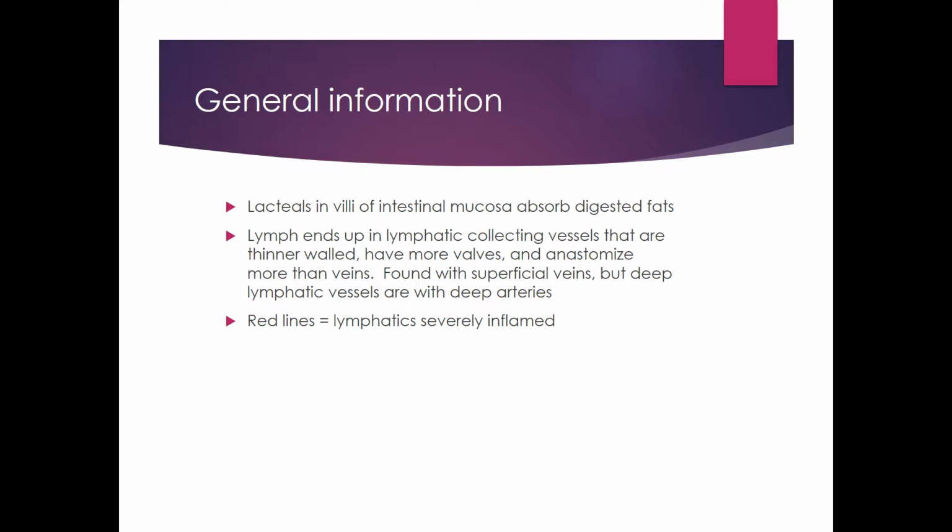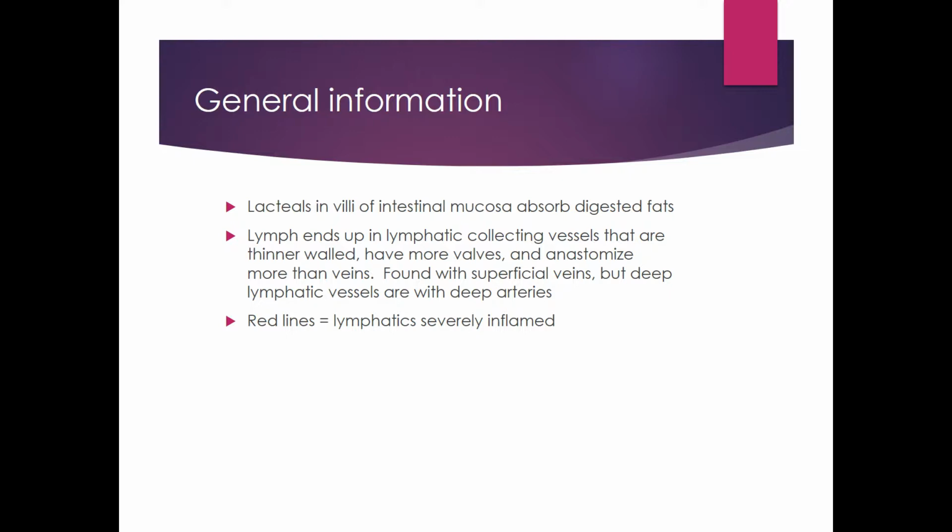So, peg-like extensions from the mucosa within the small intestine, whether you're talking about the jejunum, the ileum, or the duodenum, all three sections of the small intestine, have folds within the mucosa called plicae circulares, and coming off of the plicae are these little finger-like things called villi. In the center of a villus there will be a blood capillary bed and a lacteal. The lacteal is a single lymph capillary, and it will absorb the digestive fats.